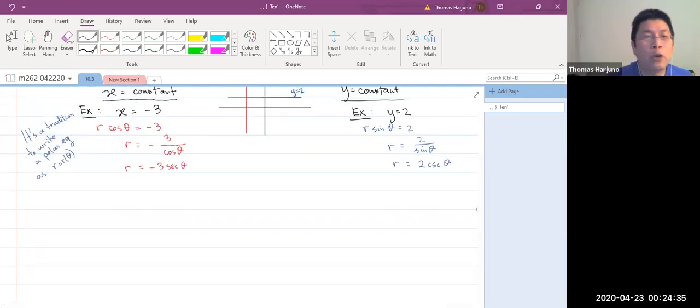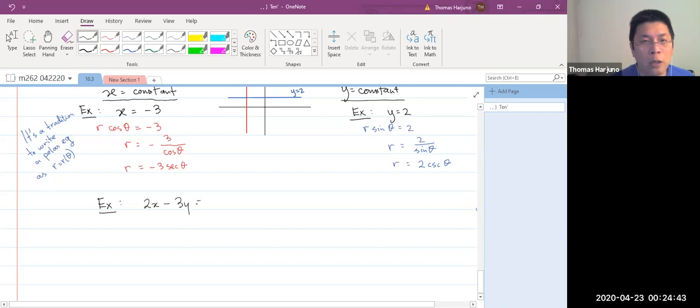Now, what happens if we go a bit further? Let's say I have 2x minus 3y equals 7. I just picked random numbers. How do we write this in polar? We will write it this way.